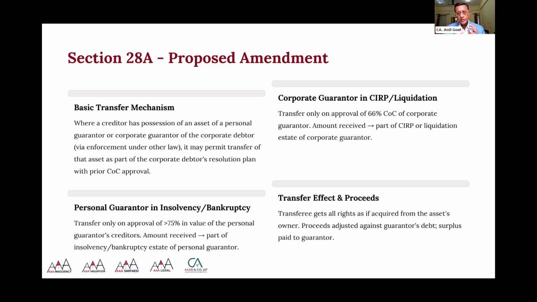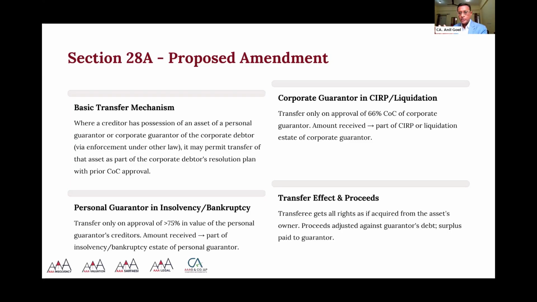So this is where the assets which are presently not being sold, and there are a lot of litigations going on, those assets can be sold in collaboration with the COC of the corporate guarantor and the creditors of the personal guarantor.